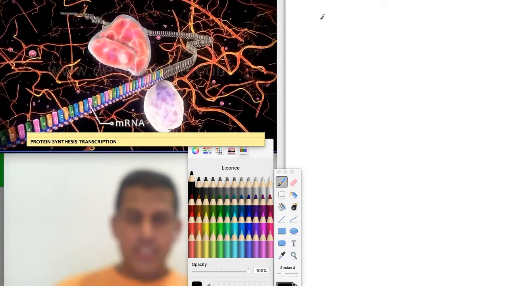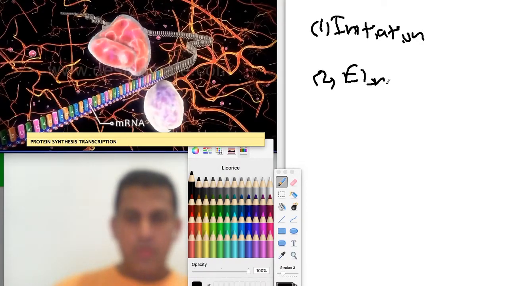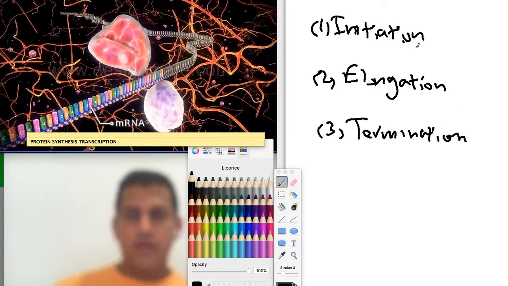So translation has initiation, elongation, termination. During initiation, the small subunit and the tRNA with the start codon attach to make the complex.